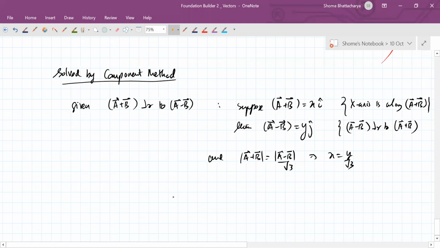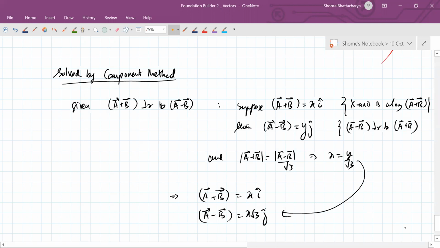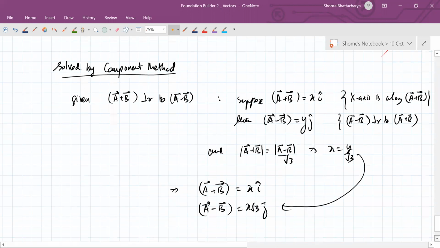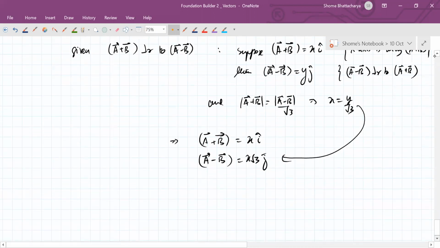Okay. So back here, A plus B being some x i cap, A minus B is x root 3 j cap, because we can replace y as x root 3. Okay. Now from this we can analyze all these things that are required. Okay.